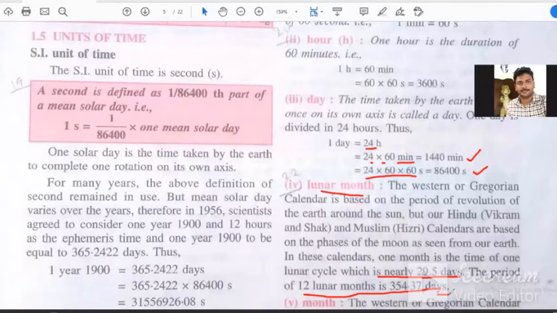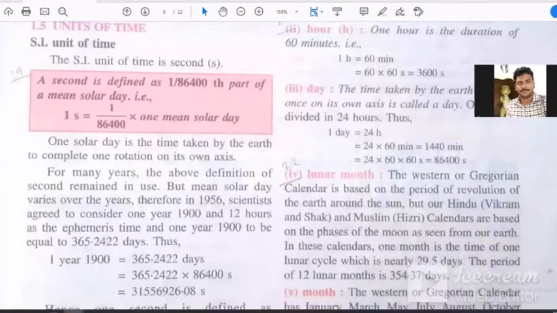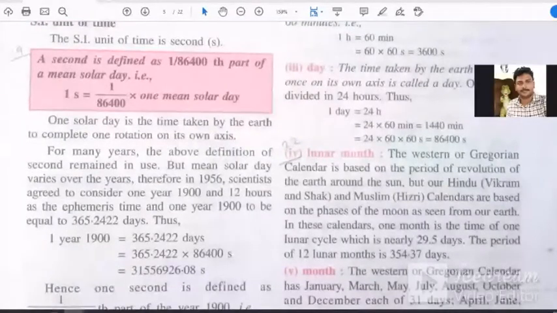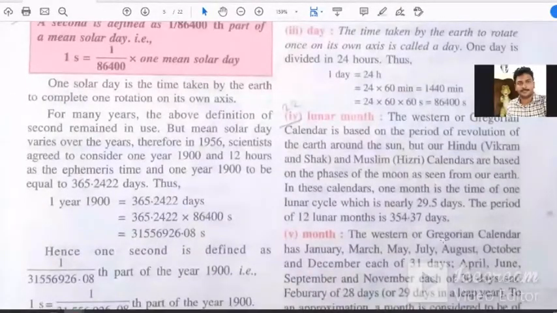We are following January, February, March according to the British system, and they usually have 30 or 31 days in a month. That is also called the Western calendar, or the Gregorian calendar.